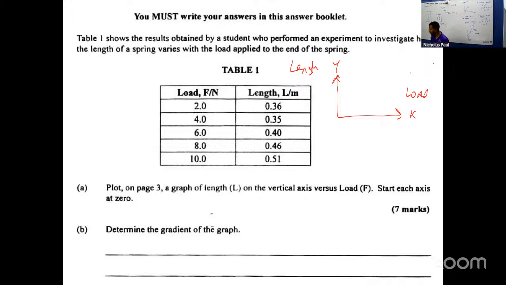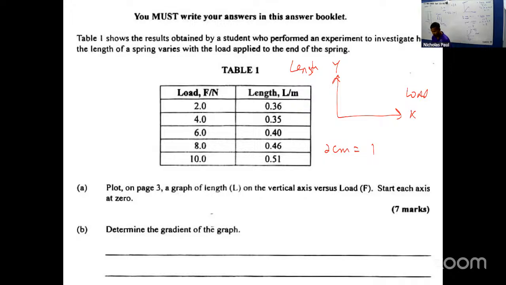But remember, I gave you a small formula. How many blocks do we have on the x? Divide the number of blocks by the largest value and then round it off. So every 2 blocks is 1. Try it and see. So every 2 centimeters is 1.